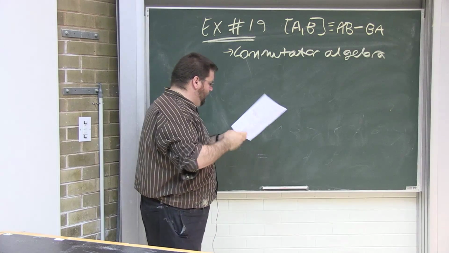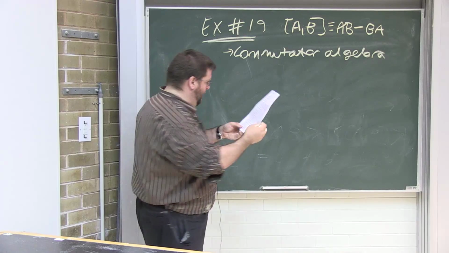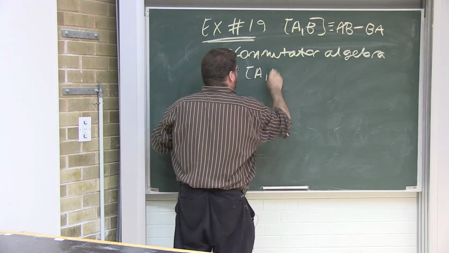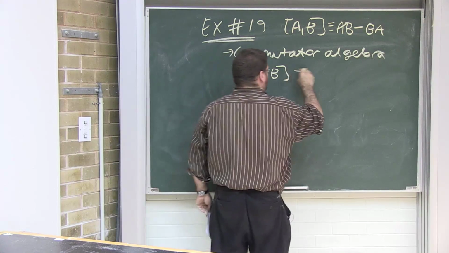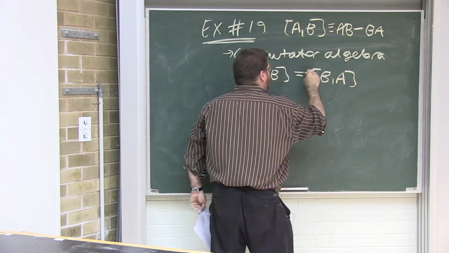So let me just recall three of those results, the three results that we need. The first is that if you have a commutator of linear operators A and B, and if you were to flick them around, then you pick up a minus sign.